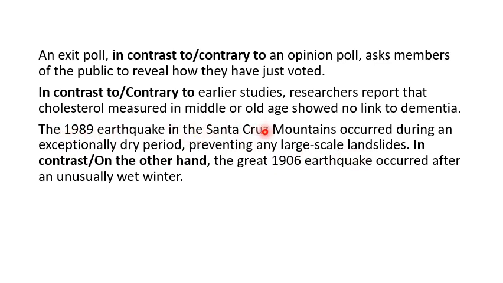The first sentence says there was a big earthquake in 1983, but it didn't cause large-scale landslides, because the weather was exceptionally dry. The land was strong because it was dry, and no landslides occurred.